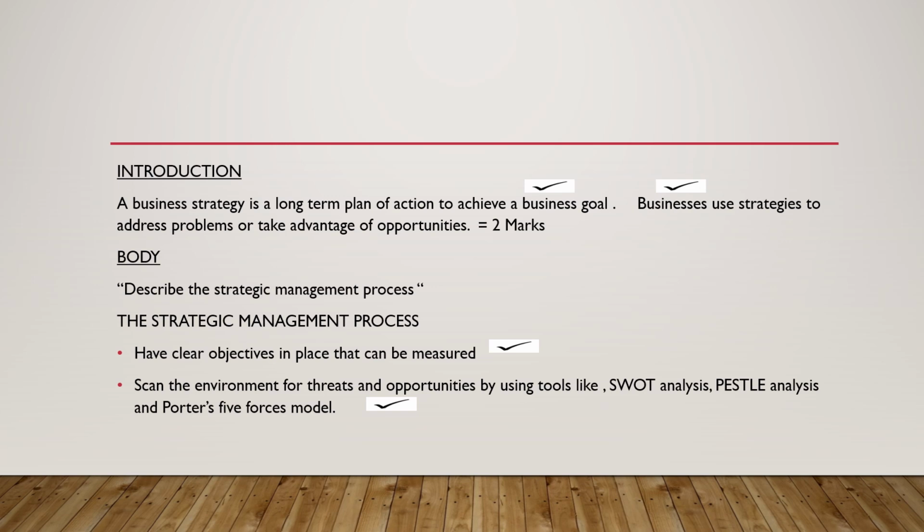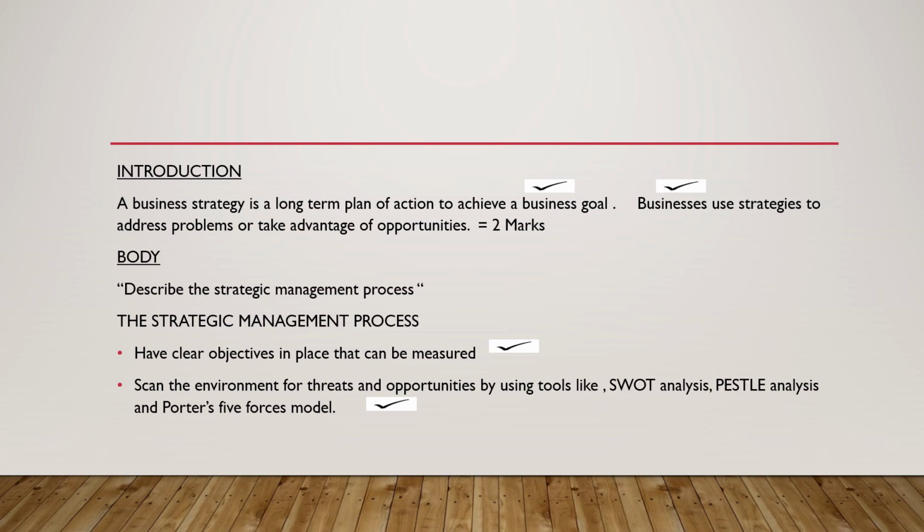By me already saying "like SWOT analysis", those are examples. The main message says that I must scan the environment for threats by using tools, and then I start explaining the examples of the different types of tools out there.